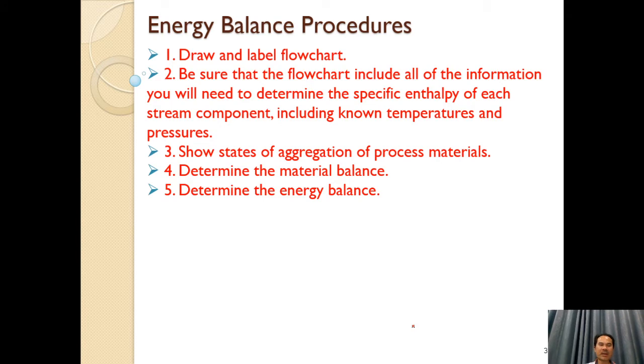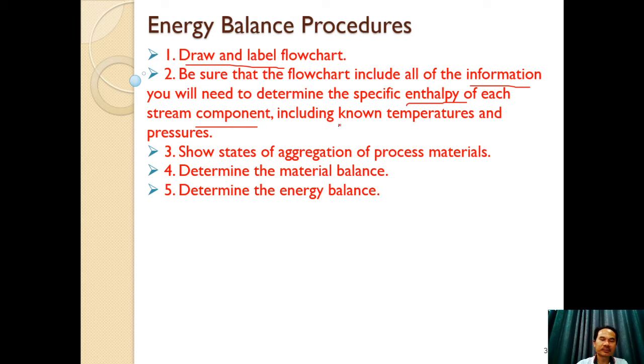Okay, I will conclude the general energy balance procedure. The first step, you have to draw and label the flow chart. It's like the material balance, and you specify the information in the flow chart. Be sure that the flow chart includes all of the information, like input temperature, input flow rate, input amount, and specific enthalpy of each stream component, like temperature, pressure, enthalpy, and flow rate of mass or mole.